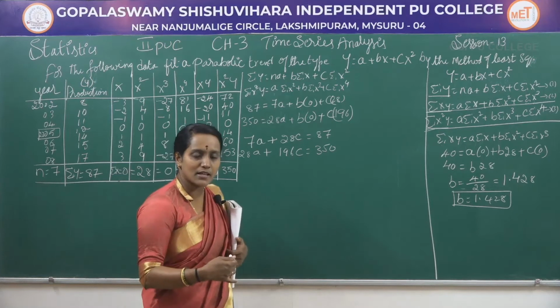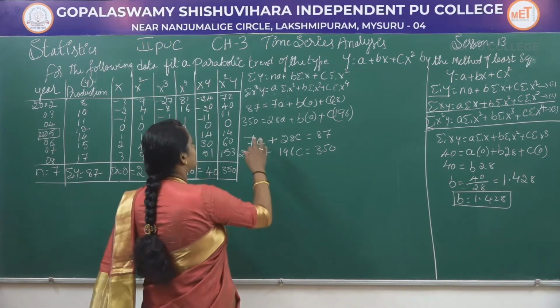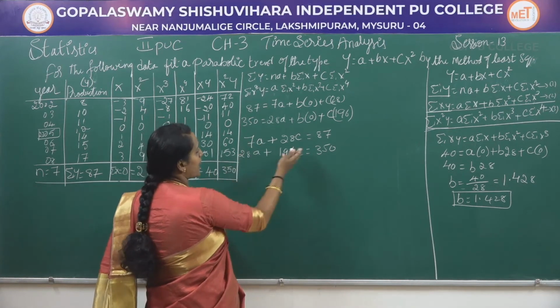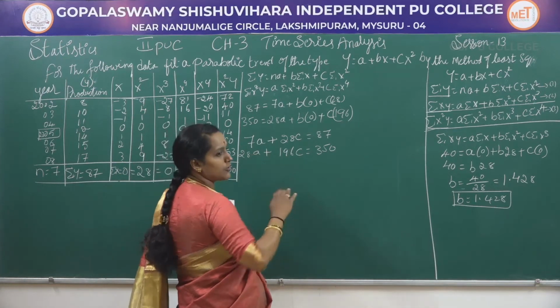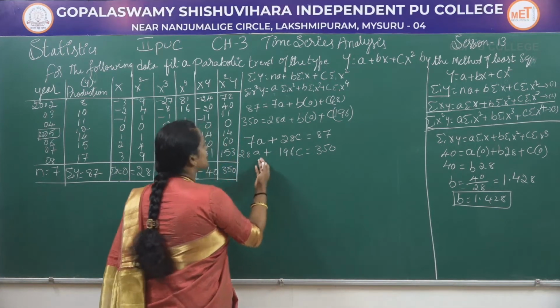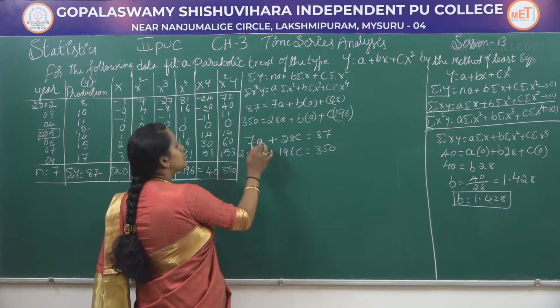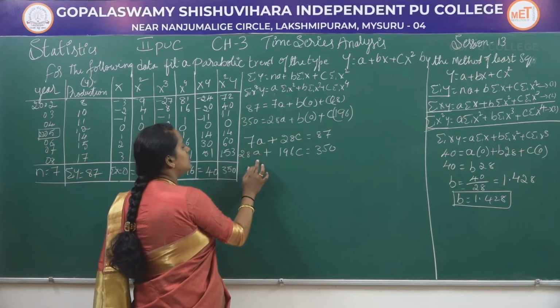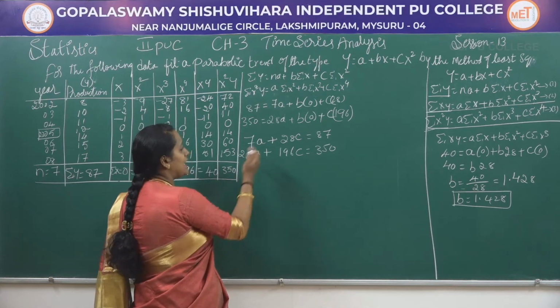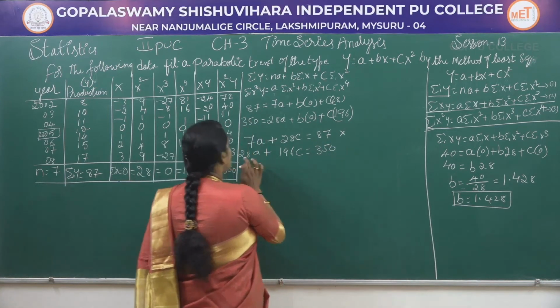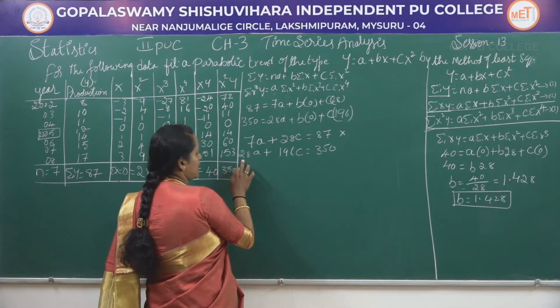To solve the simultaneous equations, we multiply by the coefficient of a. The coefficient of a is 7 in the first equation and 28 in the second.